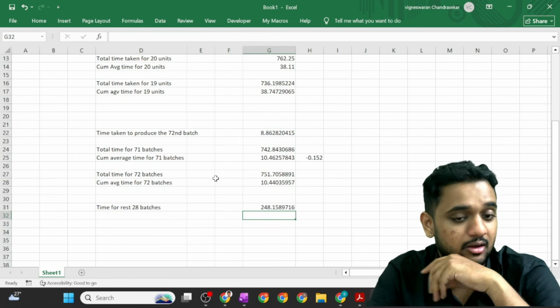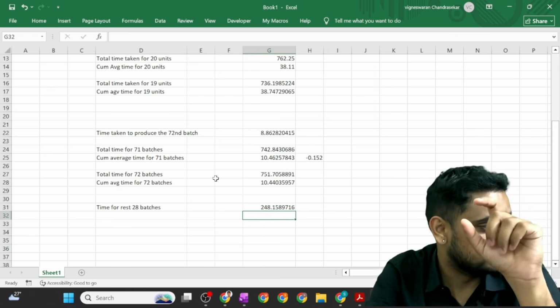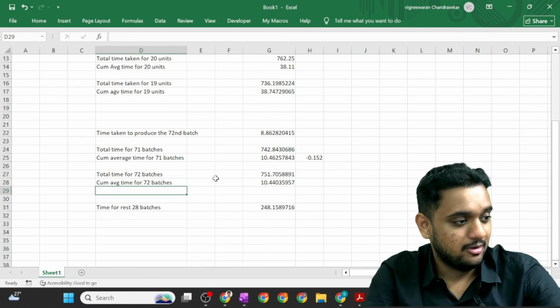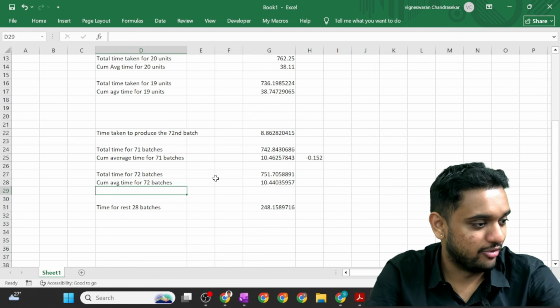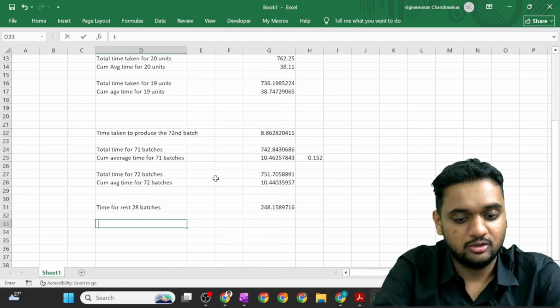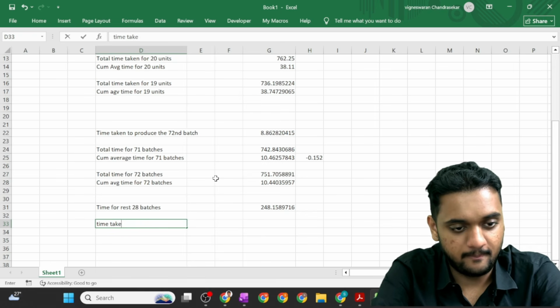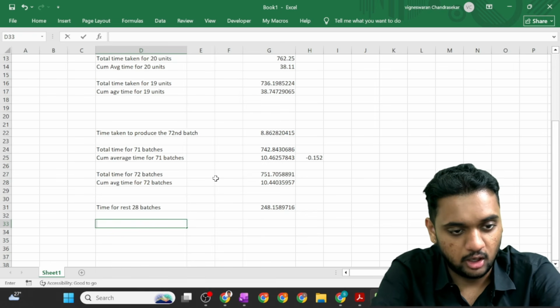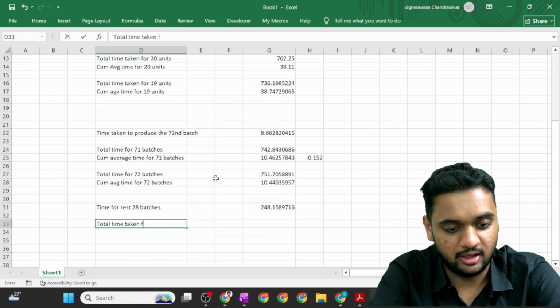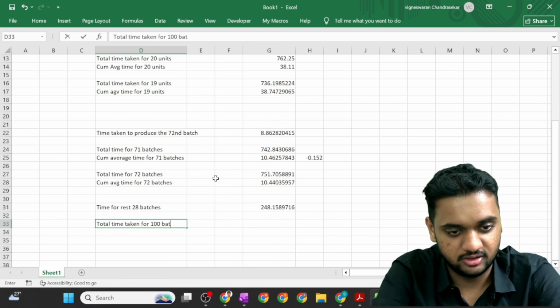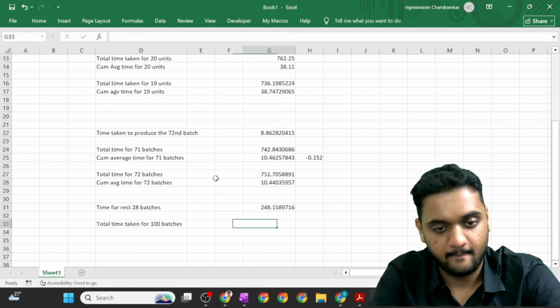What are they asking? They are asking for the total of 100 units. We found the total time for 72 units, and we found 28 units. So the total time taken for 100 batches is what?